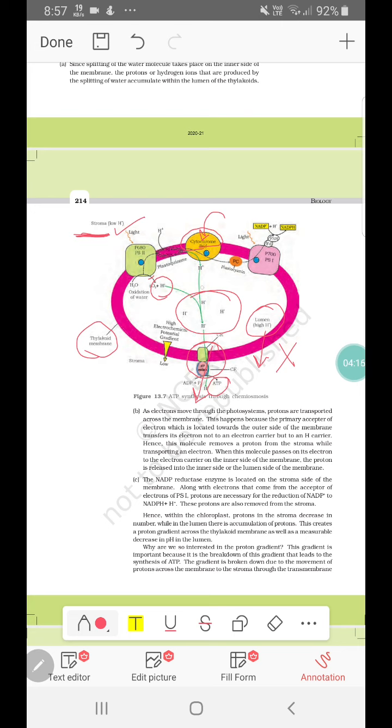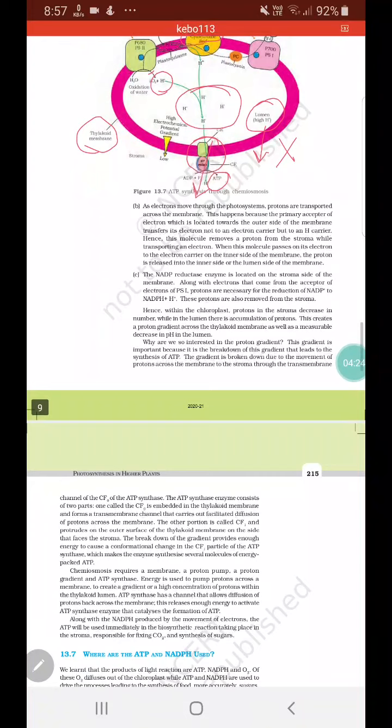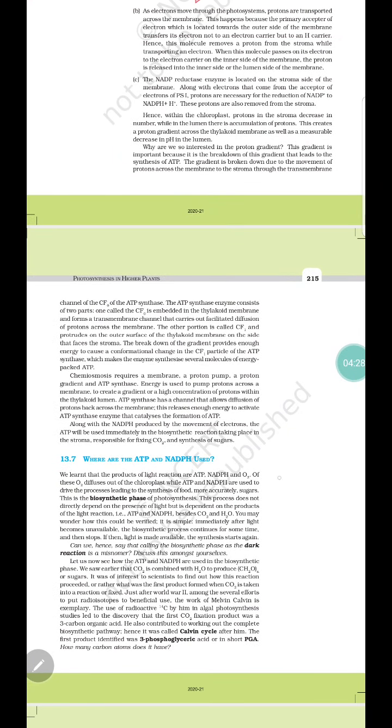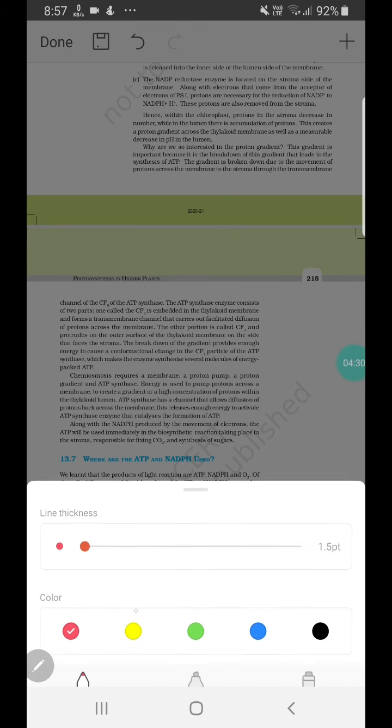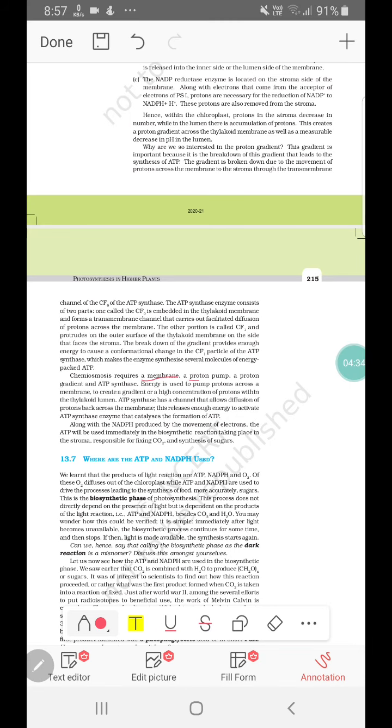That is how proton pumping keeps going, and the concentration inside the lumen always remains high compared to the stroma. In short, chemiosmosis requires a membrane, a proton pump, a proton gradient, and the ATP synthase enzyme.